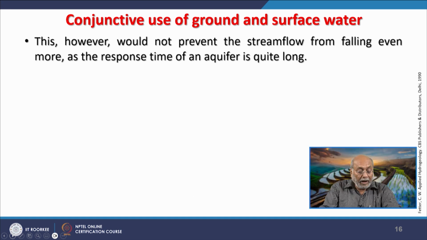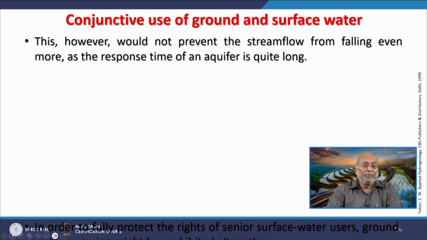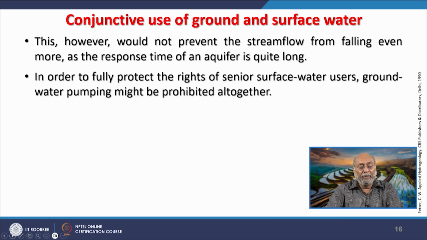However, this would not prevent the stream flow from falling even more, as the response time of an aquifer is quite long. You cannot just recharge your groundwater aquifers immediately; it takes time. Even if you stop water withdrawal from a stream, it will not recharge your groundwater regime immediately.